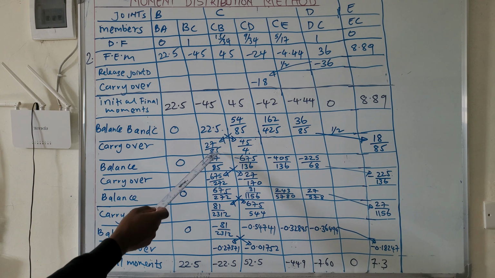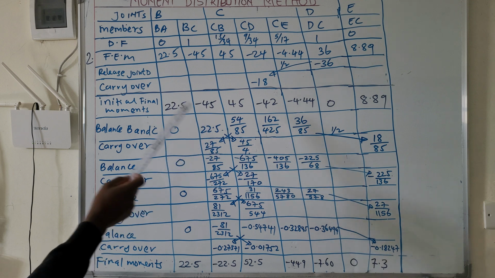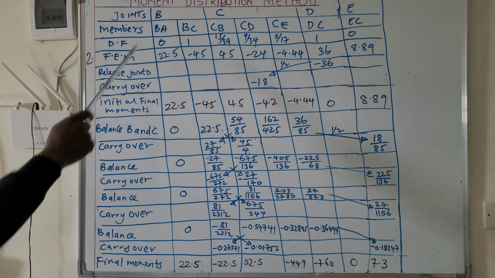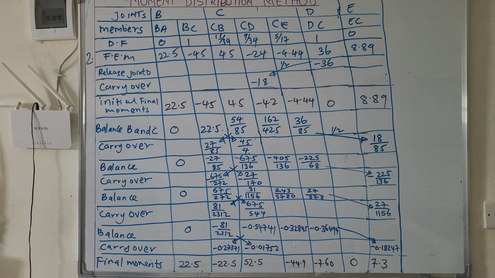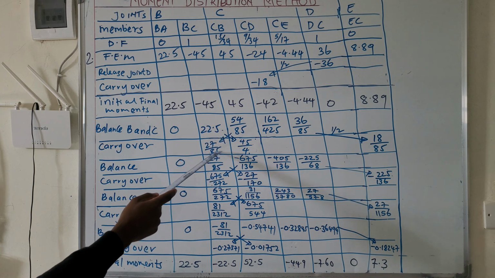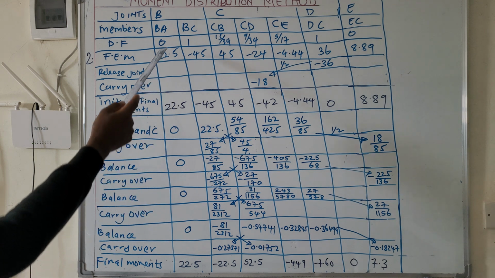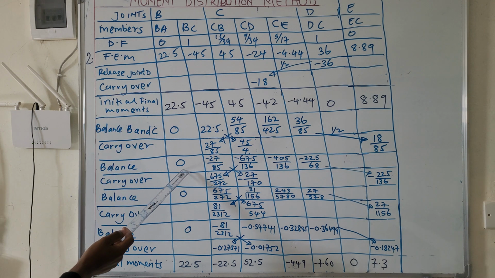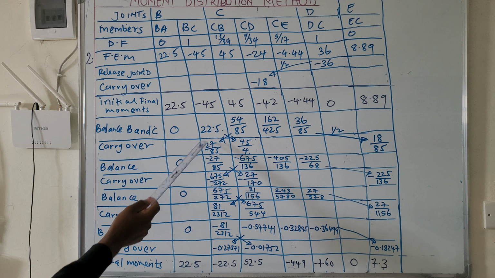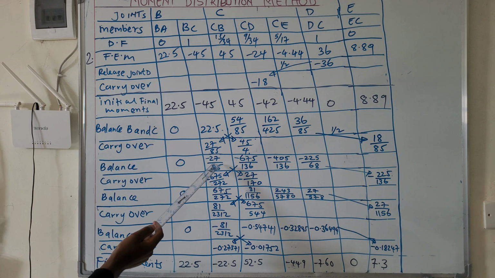So you take negative 27 over 85 and distribute equally to each of these members in joint B. So you take negative 27 over 85 times 0, it is 0 here. Negative 27 over 85 times 1, we remain with the same value.